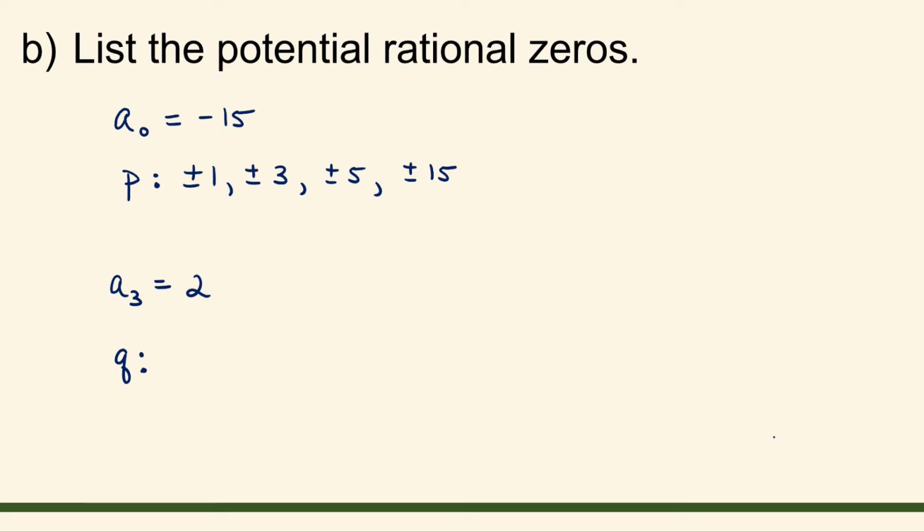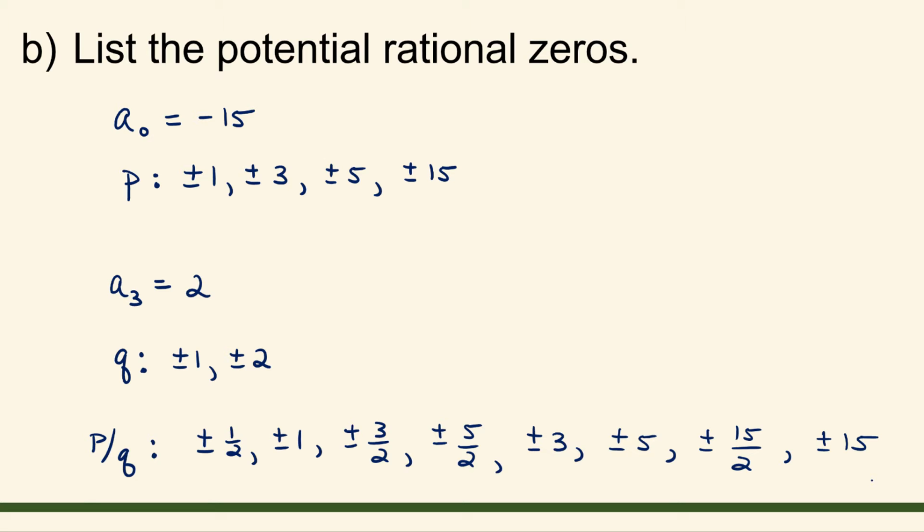Let's let q represent all of the integer factors of positive 2. They include plus or minus 1 and plus or minus 2. We will now list all possible ratios of p over q.